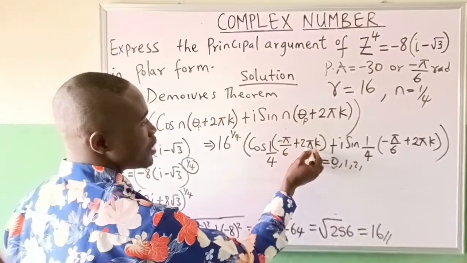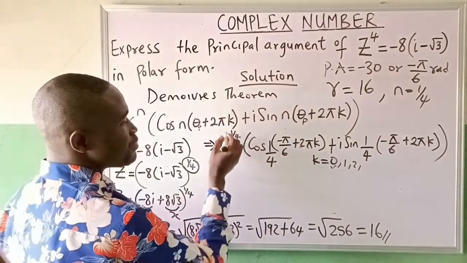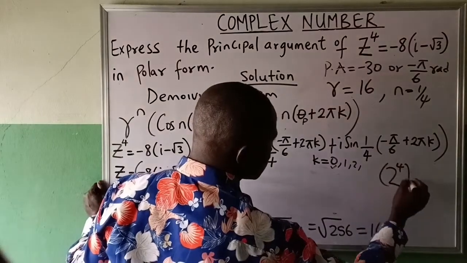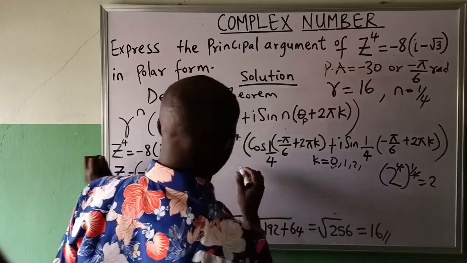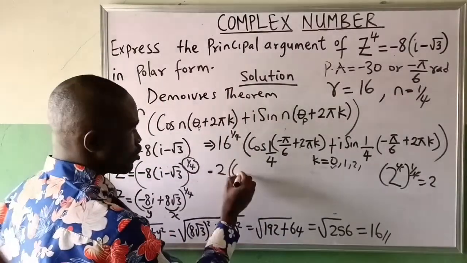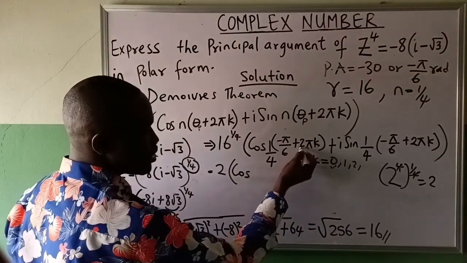0 times this, 0 times this, 0, we have this. Now 16 raised to power 1 over 4 means 2 raised to power 4 is 16, so 16 raised to power 1 over 4 will be giving us 2. So we now write 2 bracket cos 0 times this, 0 times this, 0.